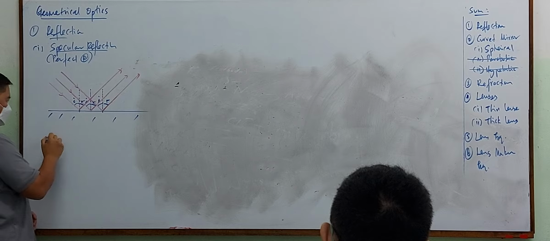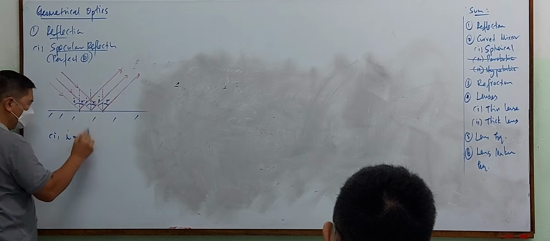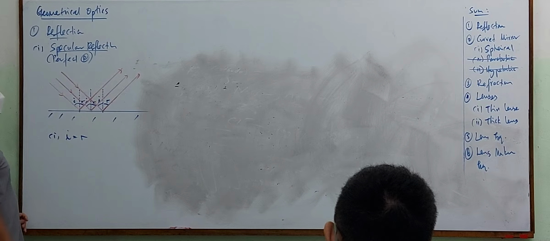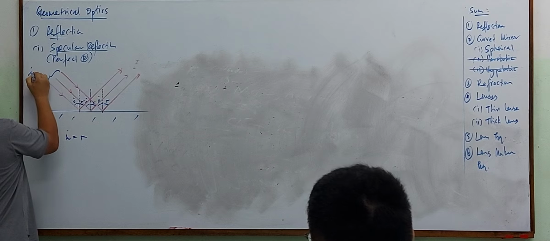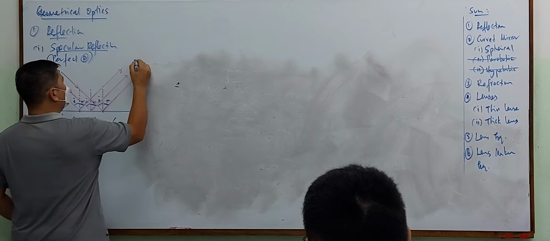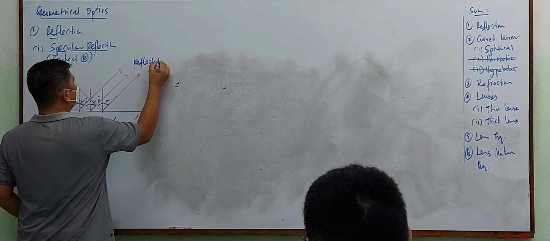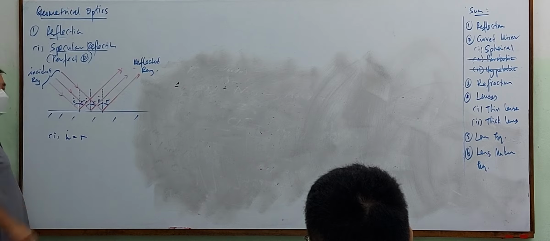So the rule is I is equal to R. The angle will be the same. This light ray we call the incident ray, and this one is the reflected ray. That is rule number one.